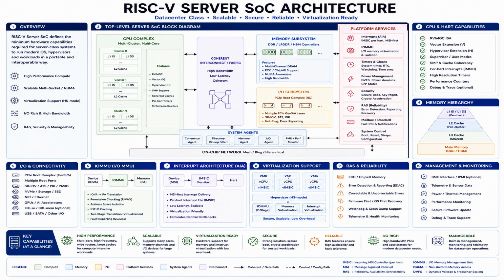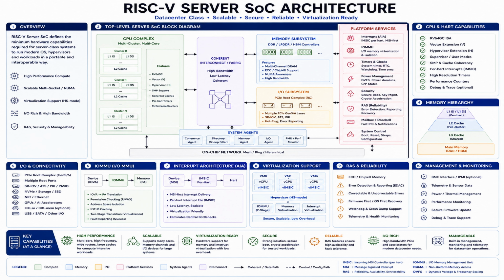PCIe can also include advanced features like single root I/O virtualization, address translation service, page request interface, and process address space ID. Memory expansion, USB, and SATA could be optional interfaces. These interfaces and I/O subsystems enable high throughput data movement for I/O, storage, and networking.